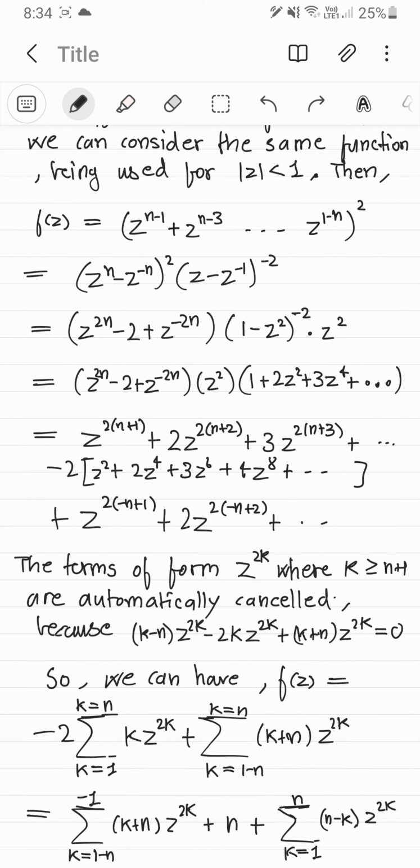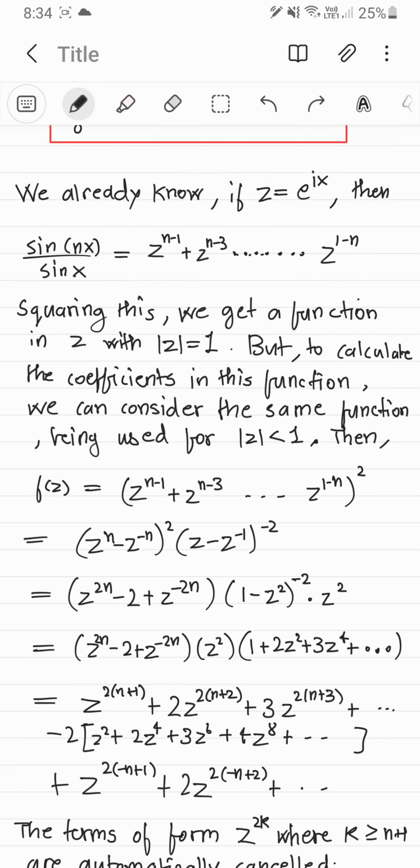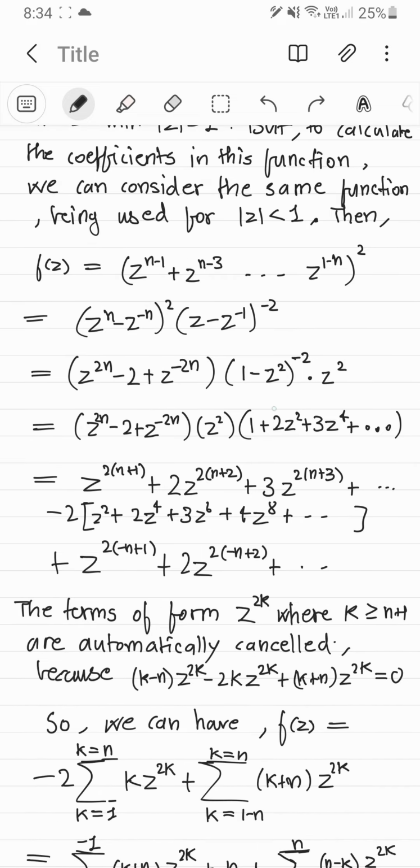So e power ix has magnitude 1, and so 1 minus z squared to the power of negative 2, if z square is not 1, you can write it like that. You can also think of it like this: you find this polynomial for small z's, but since you have the polynomial now, you can also use it for all z because it's an identity in the end.